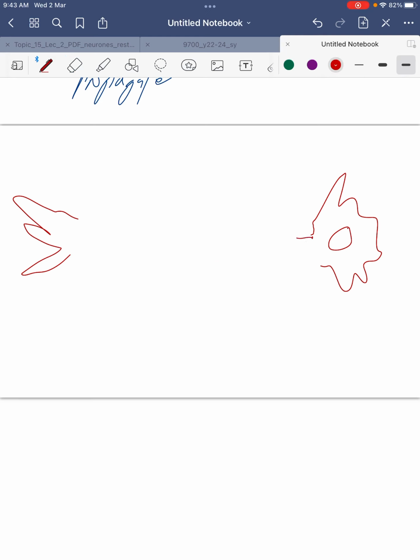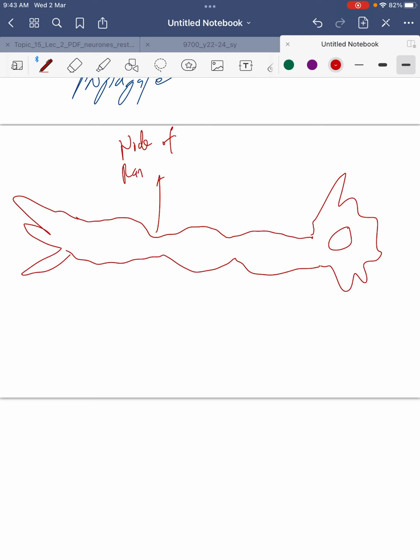I'm just going to make something like this. If this is the node of Ranvier, and this one as well, and this is positive, negative, negative, so action potential occurs here. This is still negative, negative, positive, positive.